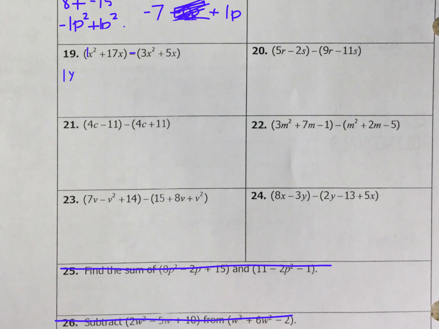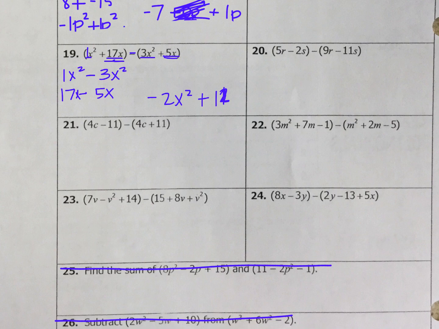So 1x squared, its partner, minus 3x squared. 1x minus 3x is negative 2x squared. 17 minus 5 is a 12, my bad. So negative 2x squared plus 12.